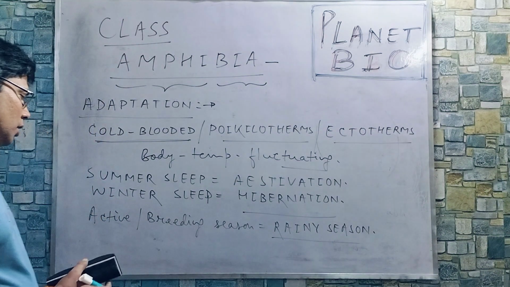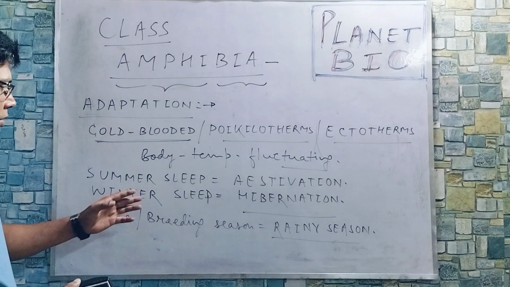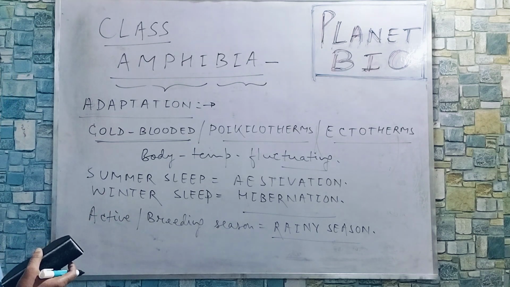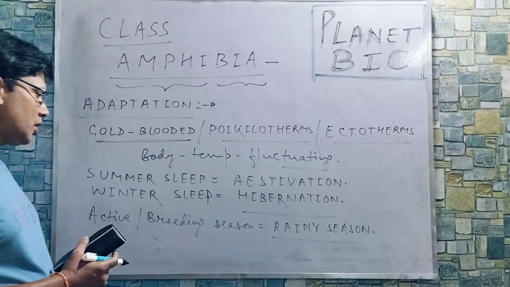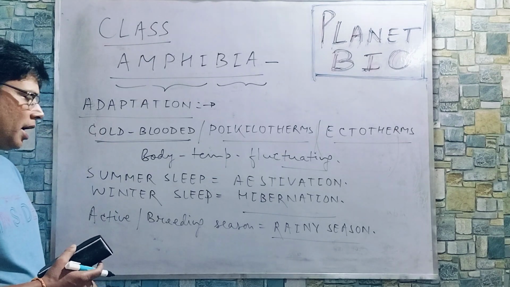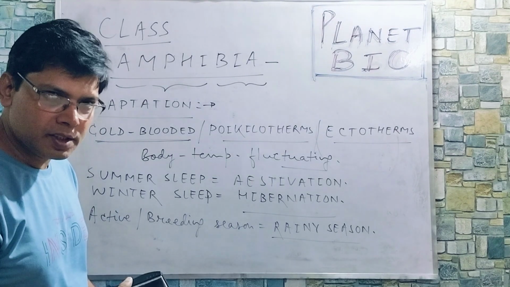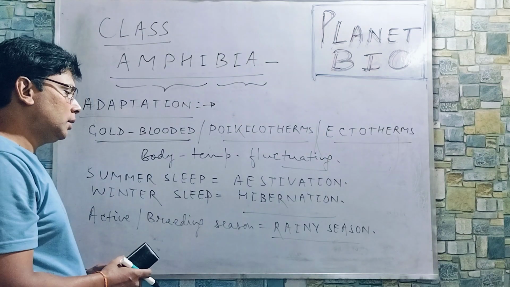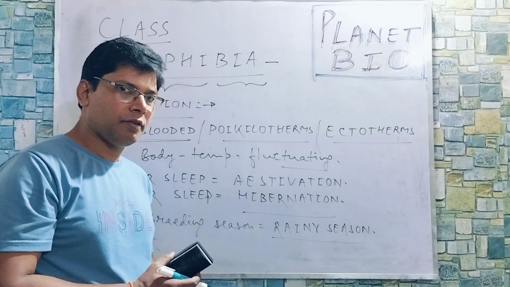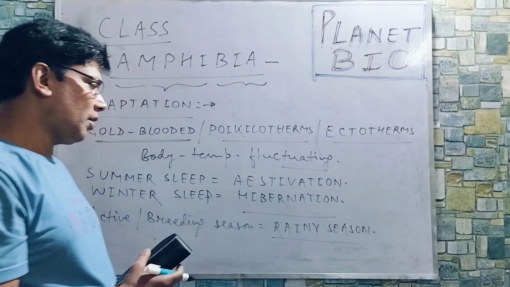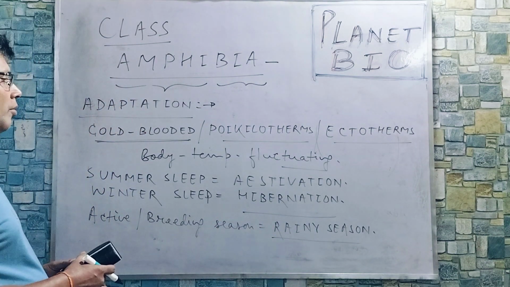So the inactive seasons are summer and winter, and the active or breeding season is the rainy season. That is a kind of adaptation for the members of Amphibia.